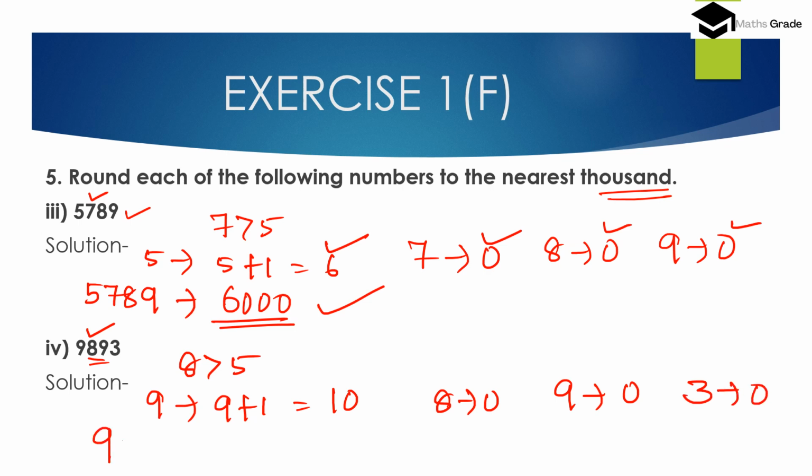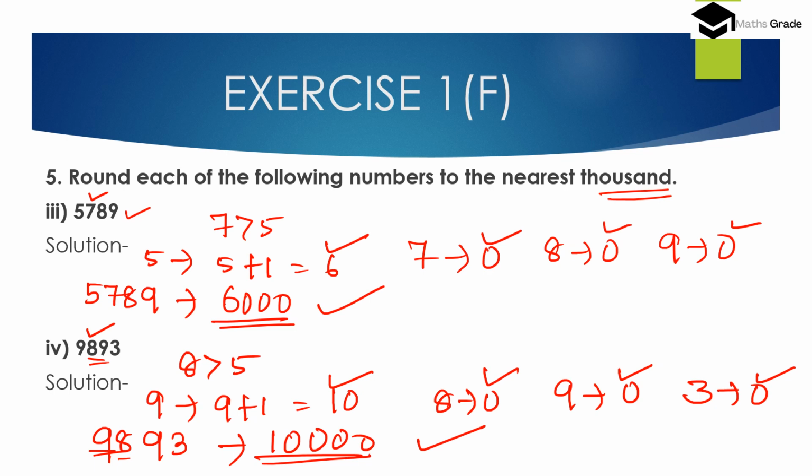Now 9893 rounded to the nearest 1000 is 9 changes to 10, and 8, 9, 3 change to 0. This is 10,000. So 5789 rounded to the nearest 1000 is 6000, and 9893 rounded to the nearest 1000 is 10,000.